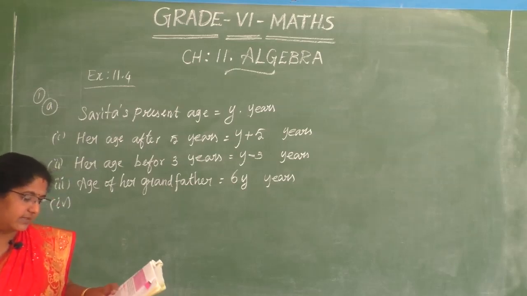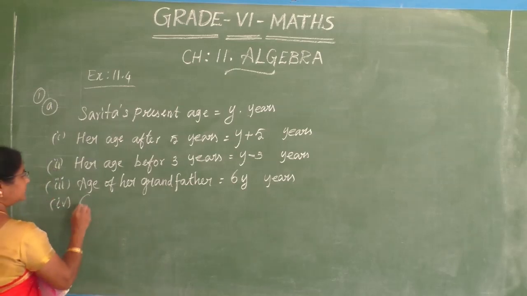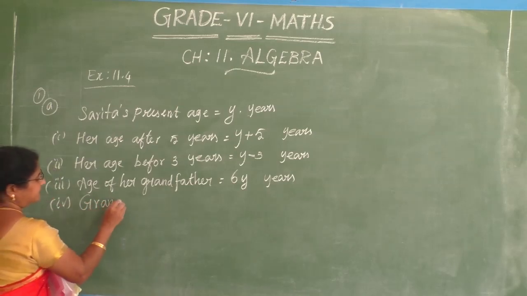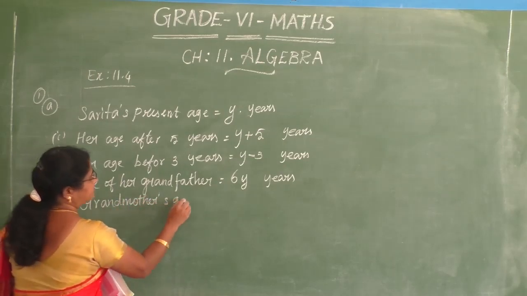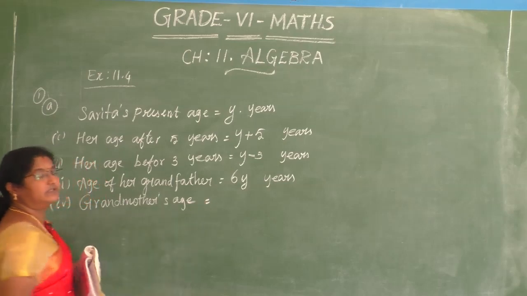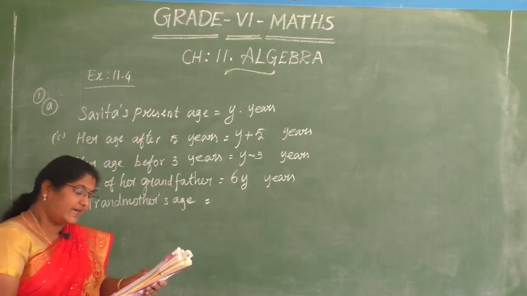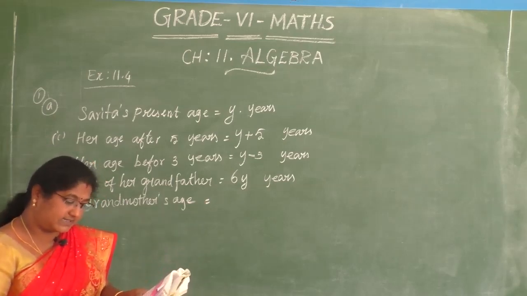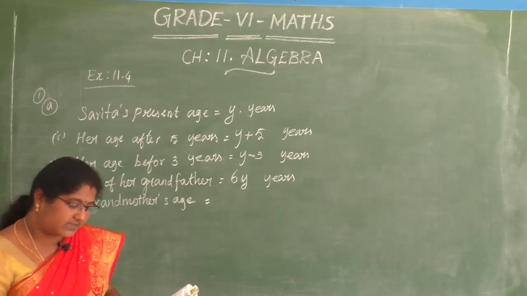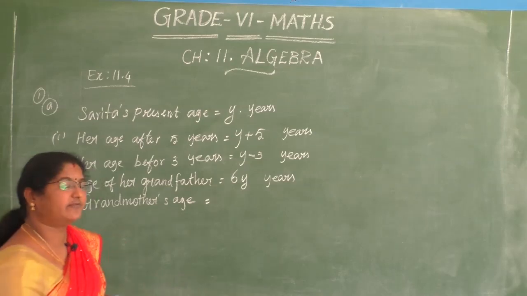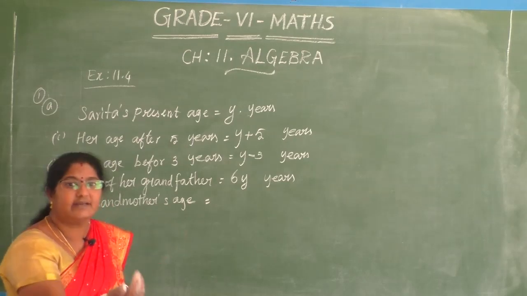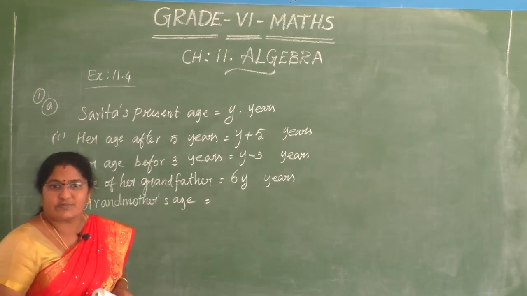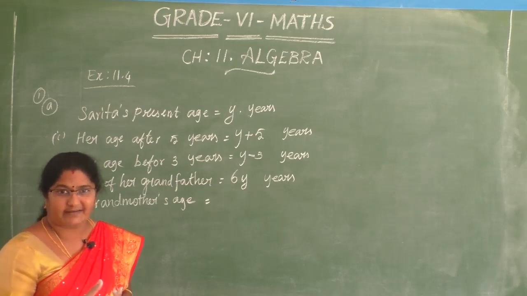What is the grandmother's age? Grandmother's age is equal to, what is the clue given? Grandmother is 2 years younger than grandfather. Younger means smaller, so subtract.